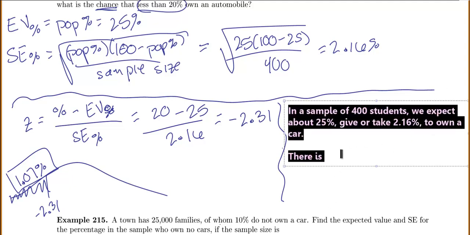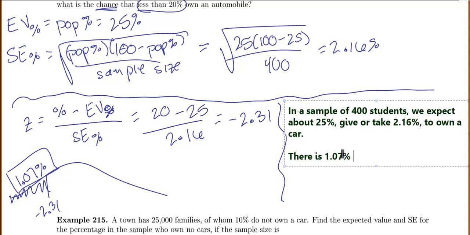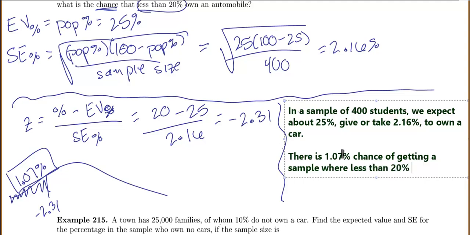So there's a 1.07% chance of getting a sample where less than 20% of students own a car. So once again, we expect to see about 25%, give or take about 2.16%. Now, if you were interested in less than 20%, that's 5 away. That's a little more than 2 standard errors away. And this makes sense then that that's a really small percentage, a really small chance of being less than 20%.